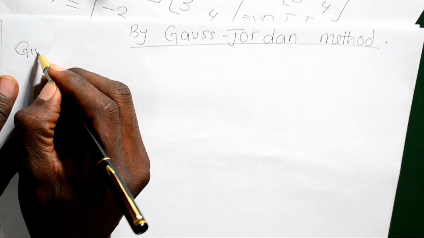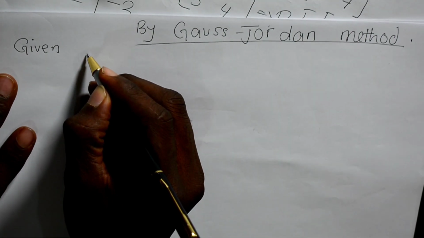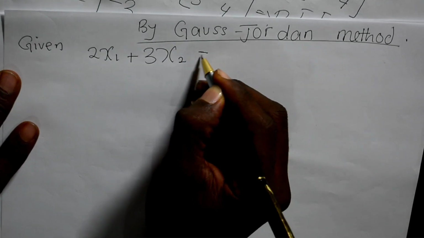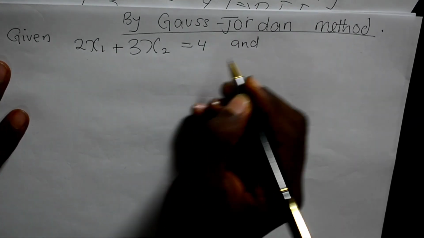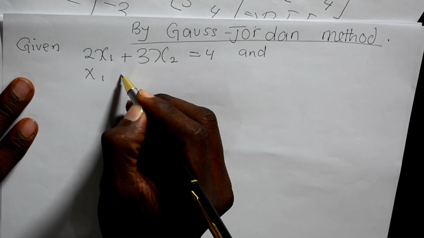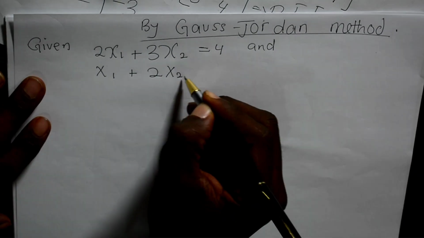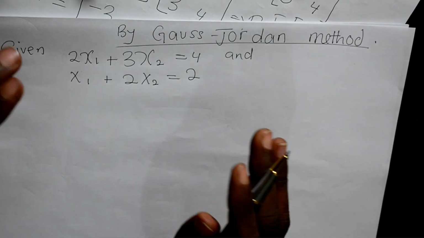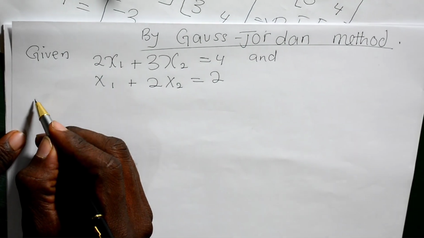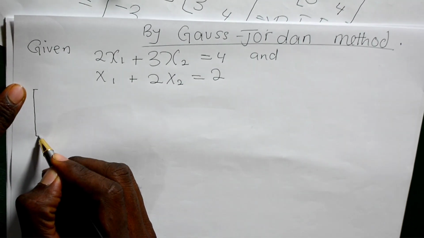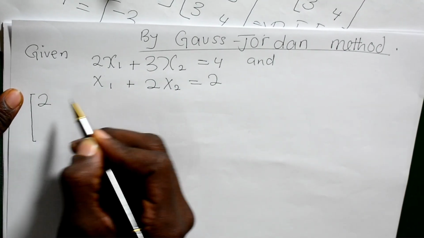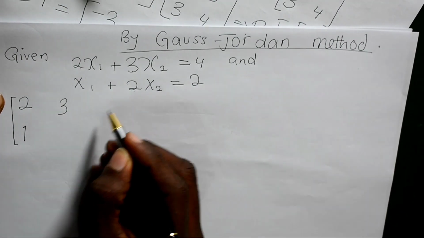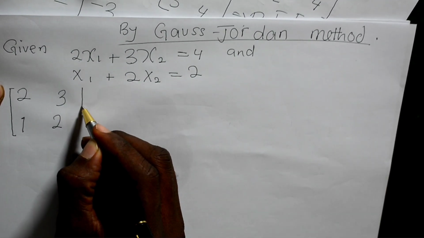So given the linear equations or the system of equations as 2x1 plus 3x2 is equal to 4 and x1 plus 2x2 is equal to 2, the first thing we have to do here is provide a matrix for the coefficients and the constant values for these equations. 2, 3, 1, 2, and make a line here.